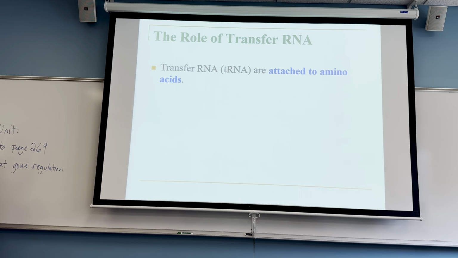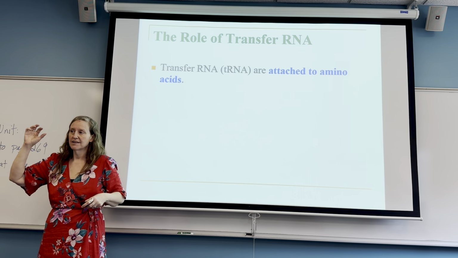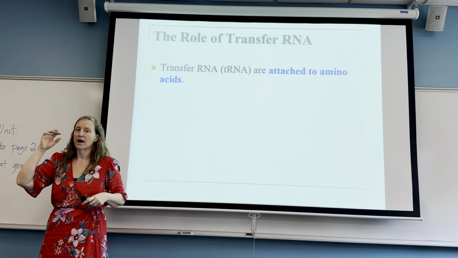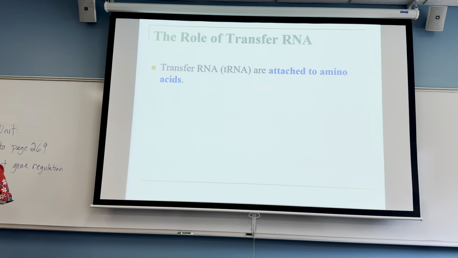So, role of tRNA. They're attached to the amino acids. Again, the tRNA is like sushi rice, and the amino acid is the fish. They are glued together. They come as a pair, but they are bringing what mRNA is asking for.